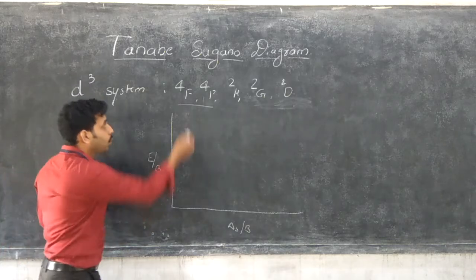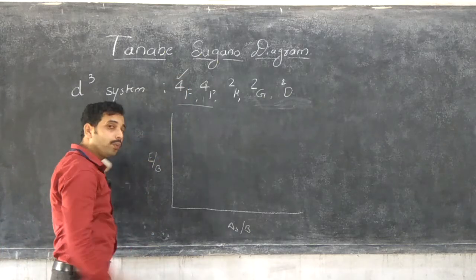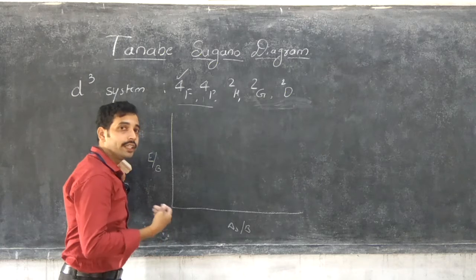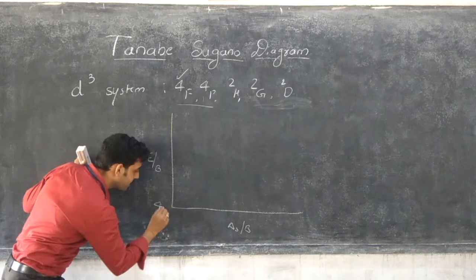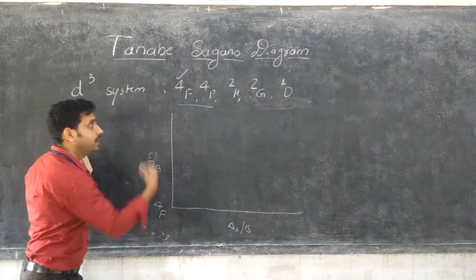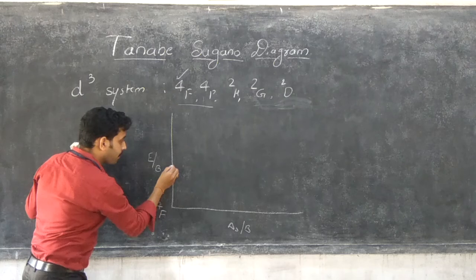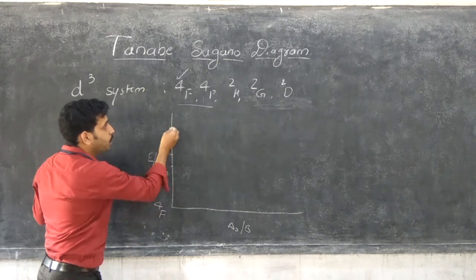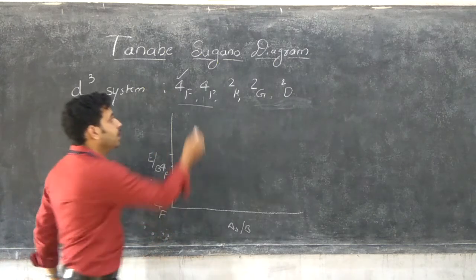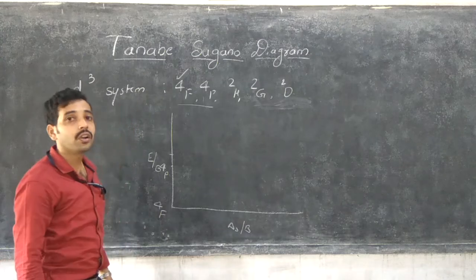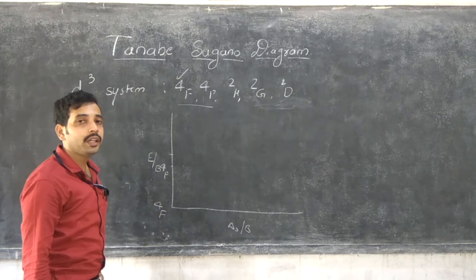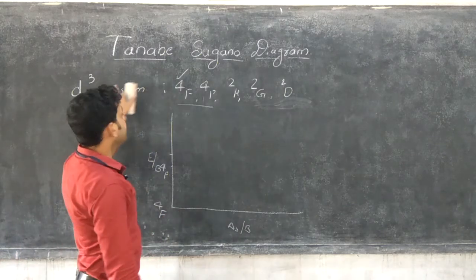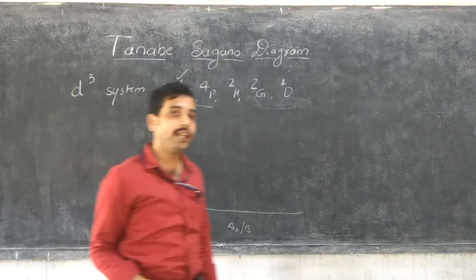Based on that, the lowest energy term is considered as zero energy, the ground state energy. That's why 4F is considered as the ground state, and the other energy terms are 4P, then 2H, 2G, like that. But we consider only these two to interpret the electronic spectra.